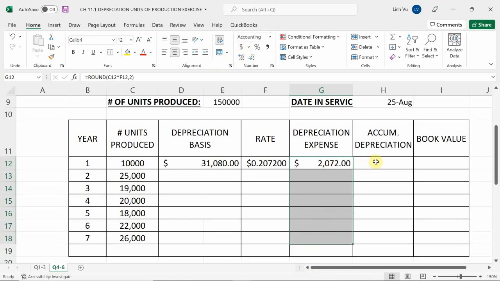Okay, so what is that going to be for my accumulated depreciation? What's my previous year?